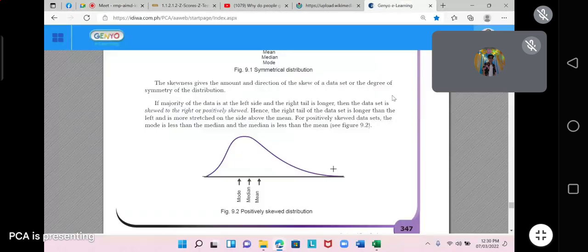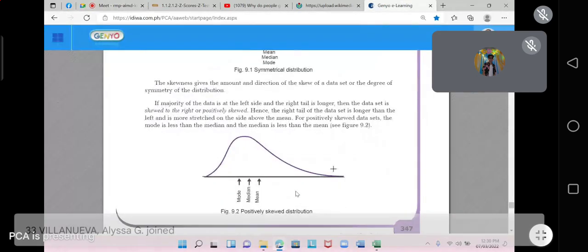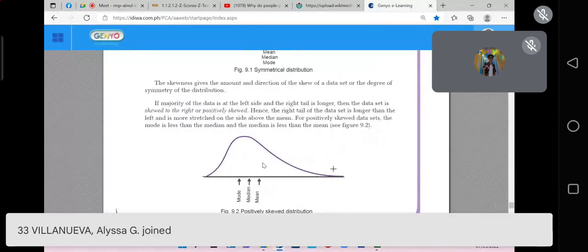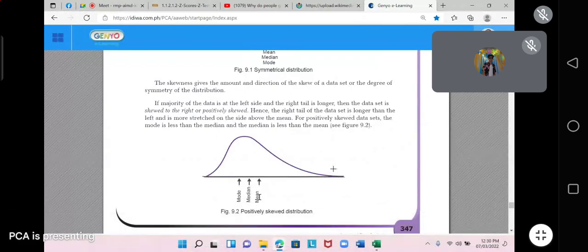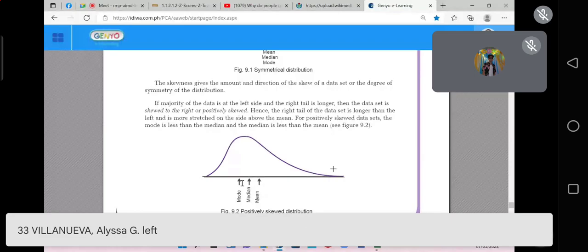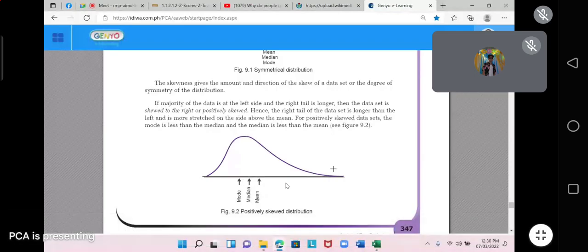Okay, take note of this one. This is positively skewed and the mean is here, no longer equal to median and equal to mode. What can you say about the mean? There is a great impact of the outliers on the right, because it's positive, of course. Scores here are higher.